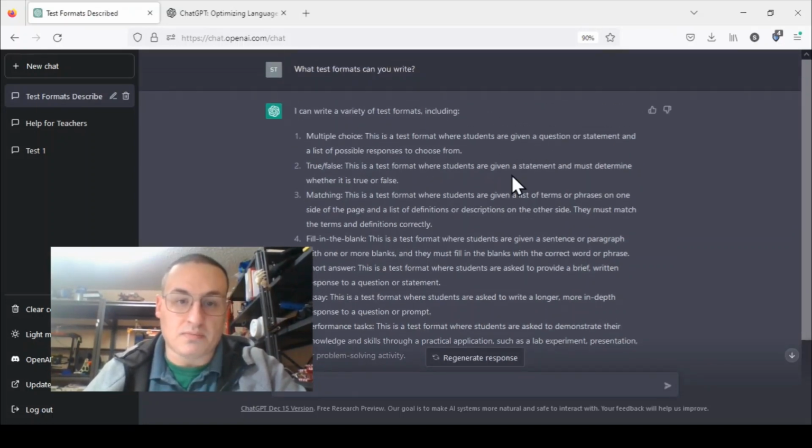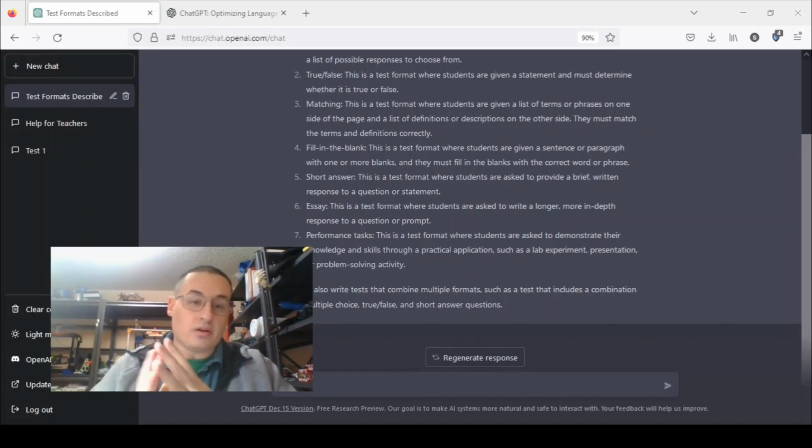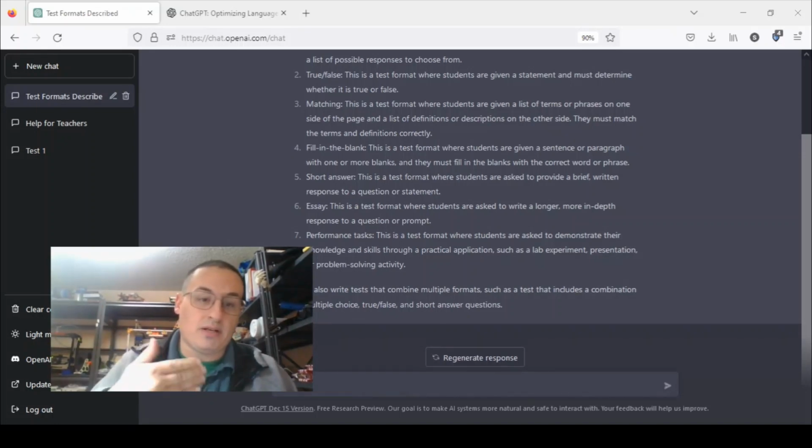You could do multiple choice, matching, true false, fill in blank, short answer, and you could also have it generate the answer key. So I'm actually going to go through next and do a series of tests, show you how those are set up, and how to generate some of those.